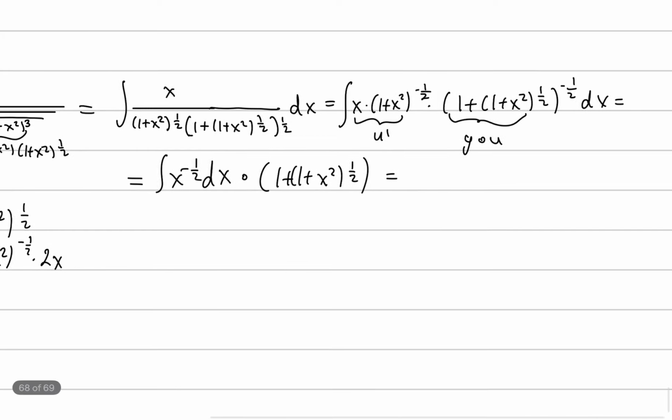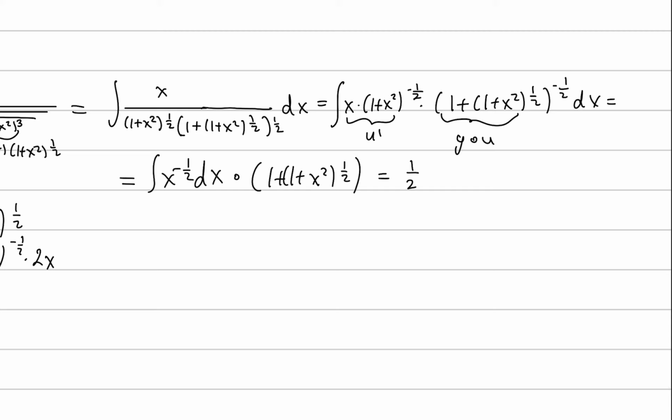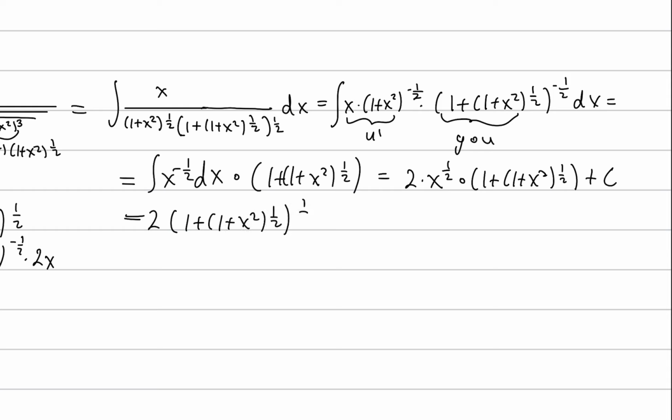Of course, if you know your chain rule, which I'm hoping you do, reverse chain rule now, we have done enough problems that you should become quite familiar with the whole ordeal, at least to some extent. That's the hope. We should get 2, we're composing it 1 plus 1 plus x squared to the 1 half, all of that to the 1 half, because wherever we see an x, we replace it with this inner function.